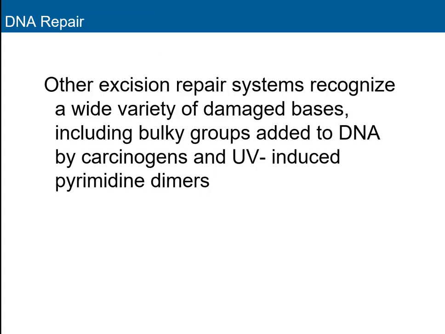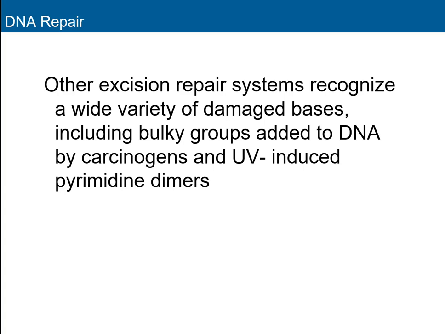Okay. All right, so other excision repair systems. Now we're going to give you some more examples of different types of DNA damage, right? So bulky groups that can be added to the DNA by carcinogens, and also UV pyrimidine dimers like we talked about before, okay?